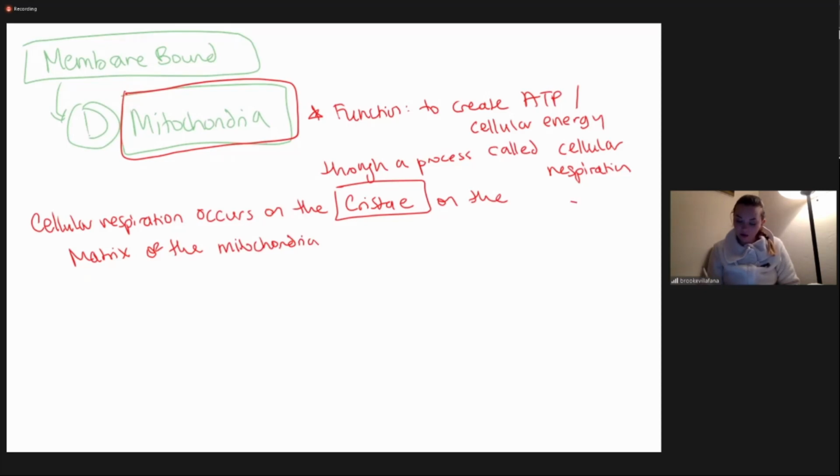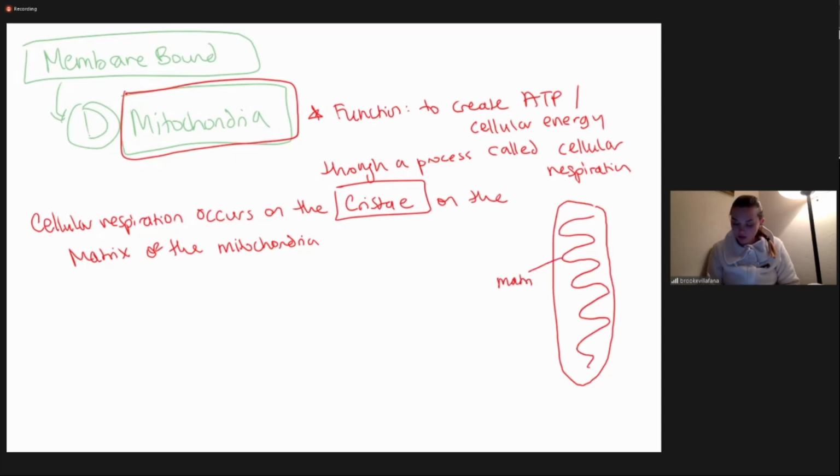So our mitochondria kind of looks like this, and it has inside matrix. Matrix increases surface area. That would be something you'd want to know for your test, right? Matrix increases surface area. And then lining the matrix are these little crista, which are balls, right?